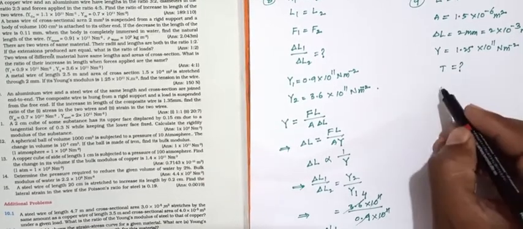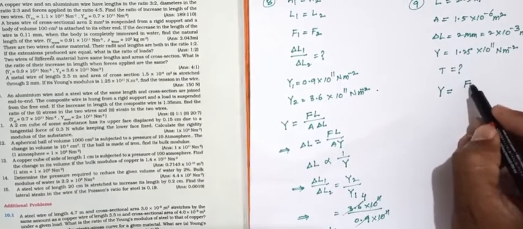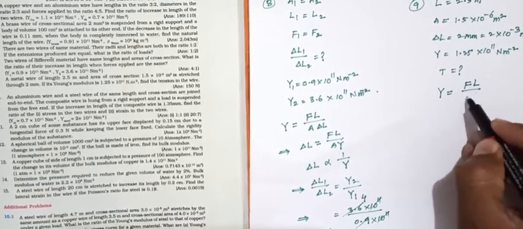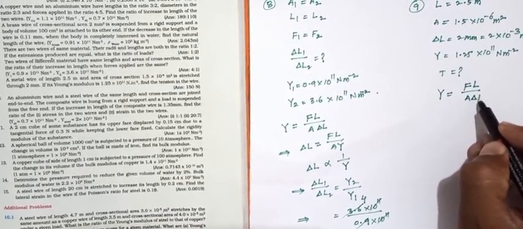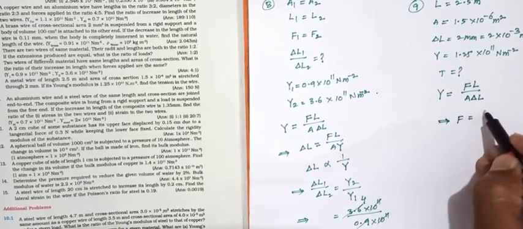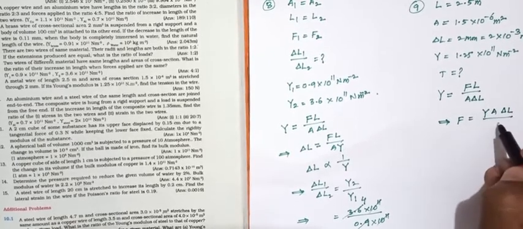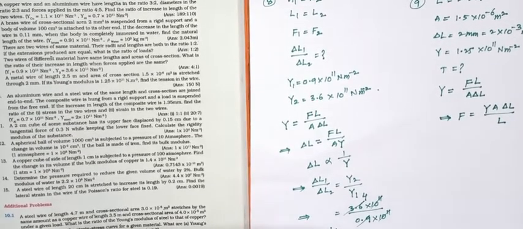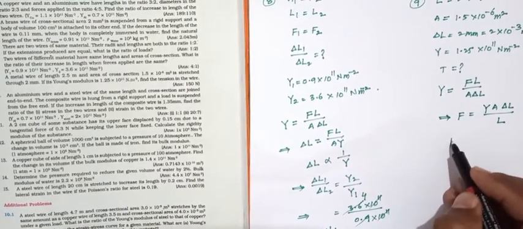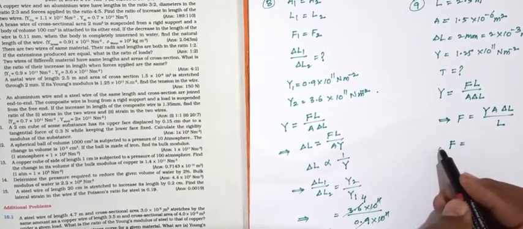Young's modulus Y equals F into L by A into delta L. So force equals Y A delta L by L. Here force is nothing but tension.